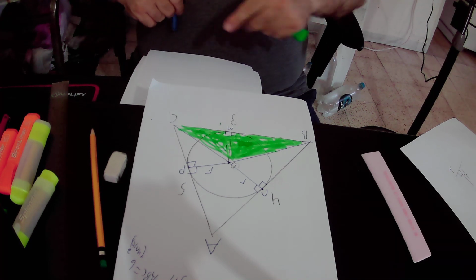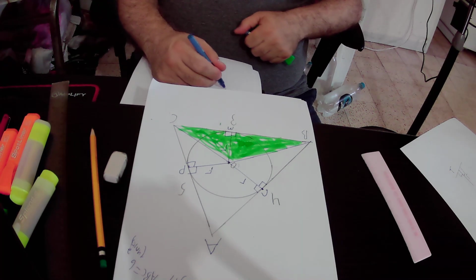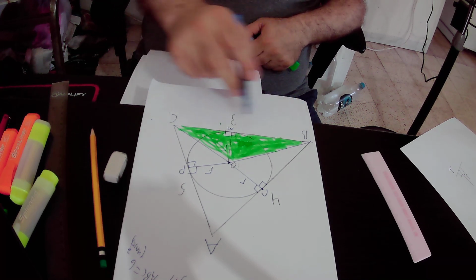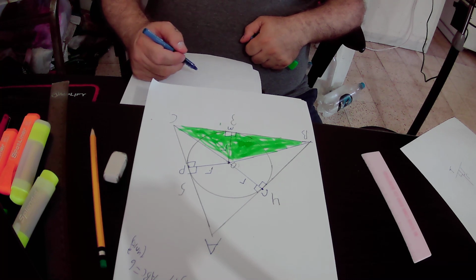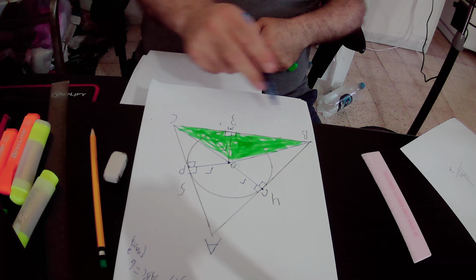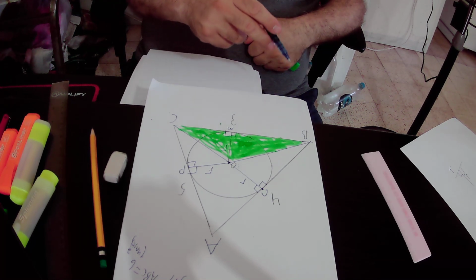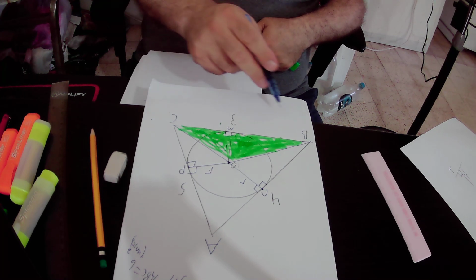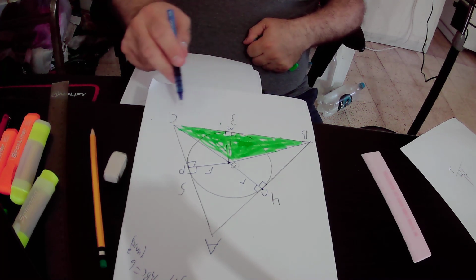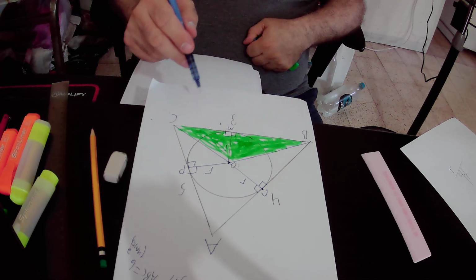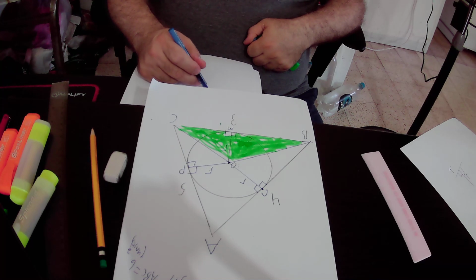So the area of the green triangle will be equal to the base of the triangle, that equals 3 units according to what is given in the question, times the height.